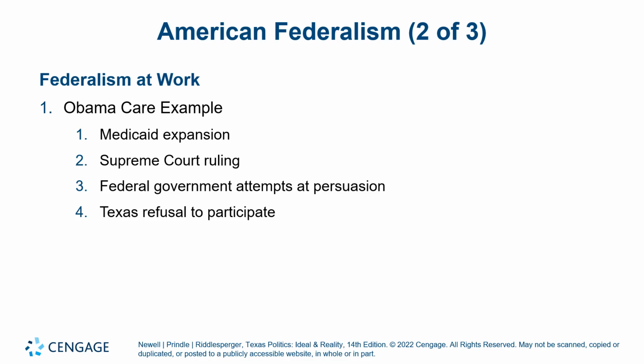From what I last read, about 1 million people in Texas would have qualified for this Medicaid expansion, so Texas felt that paying 10% for 1 million people was too much. Also keep in mind that it's not simply a cost analysis, although that was the argument the Texas officials were making. It's also because this goes against the political viewpoints of the majority party in Texas, which is the Republicans, right?